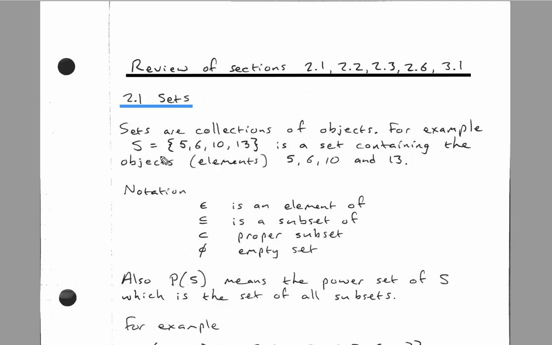In this example, S is the set of these four numbers. So you write the elements between braces with commas between each of the elements.